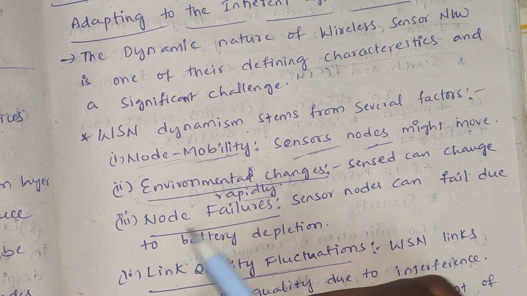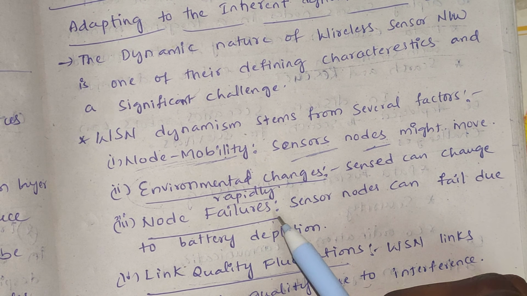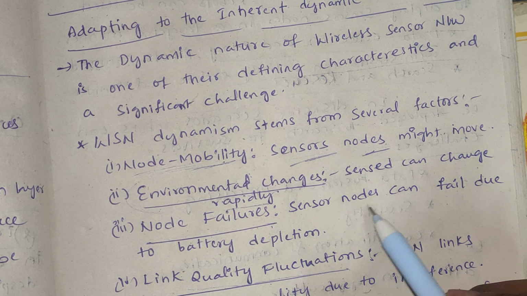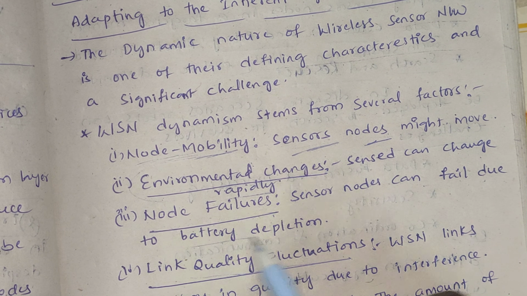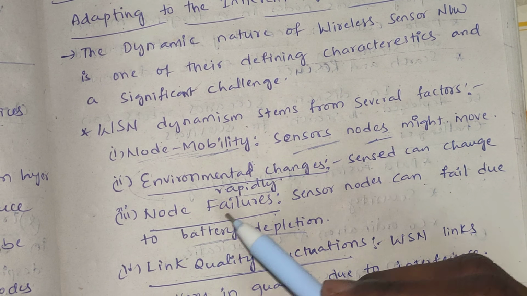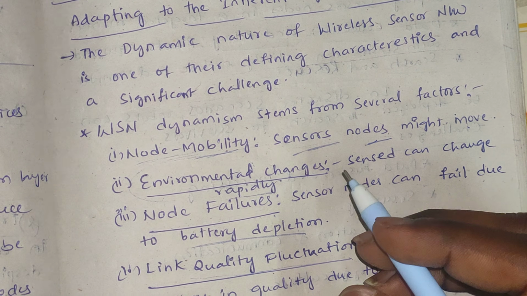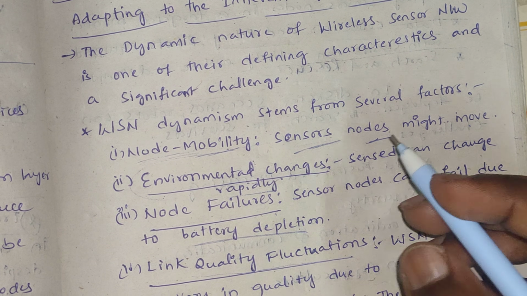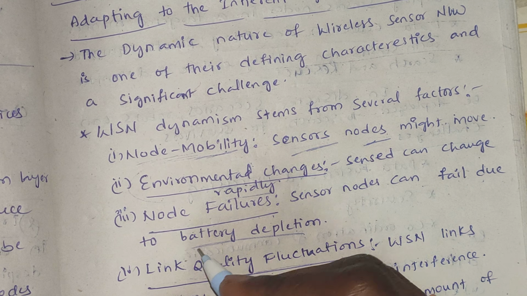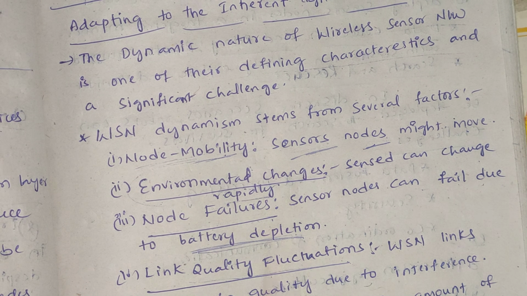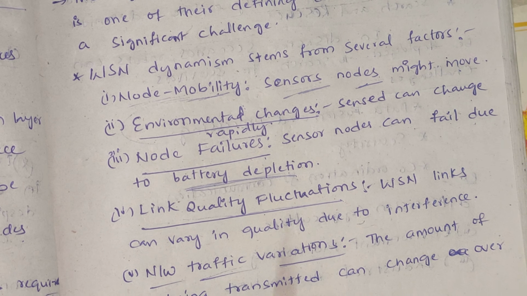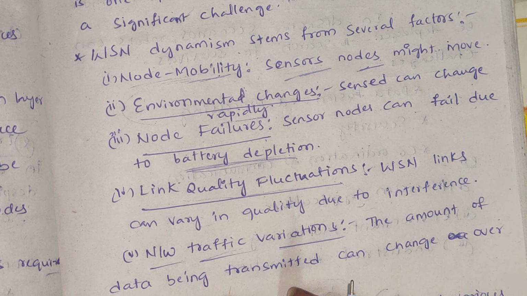Next, node failure. There are some failures also present in the sensors, right? Sensors can fail due to battery depletion, due to lack of batteries or lack of charging. So many nodes are going to fail because of the battery. Next, link quality fluctuations.